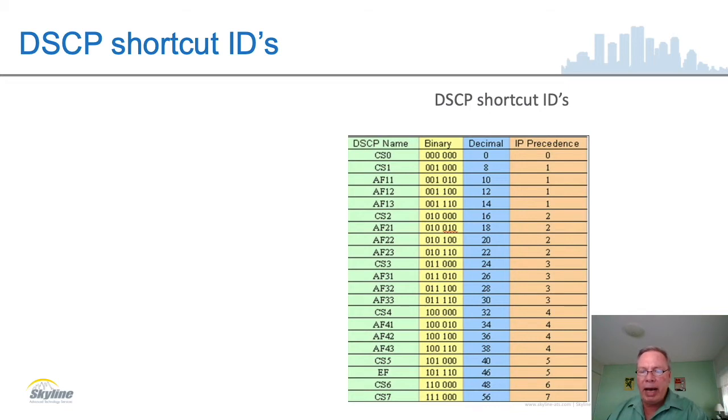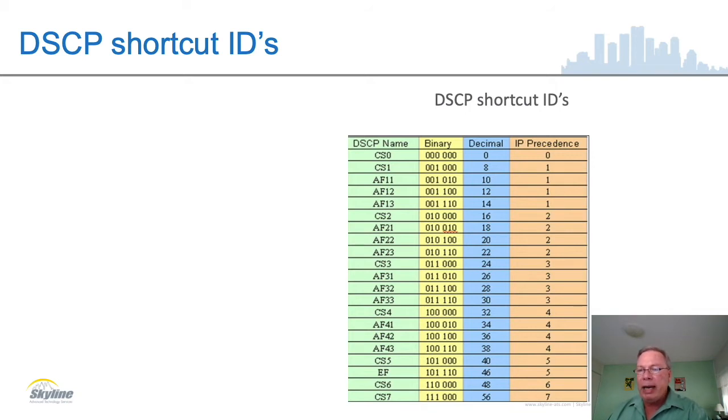Okay? So CS5 lives right on the IP precedence border, 101. But if I want to tell a machine to mark something CS5 or recognize it based on CS5, it will either mark or look at all 6 bits. But if I told it to do something based on IP precedence 5, it would only do the first 3 bits. Right?